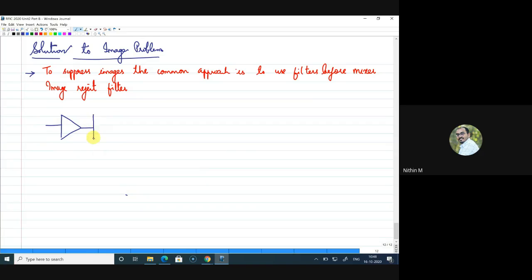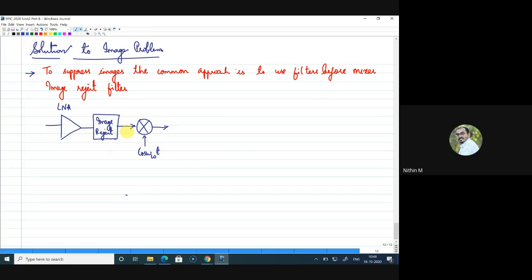So we include one more filter before our mixer. This is the LNA, this is the mixer, and this filter we call the image reject filter. After this we have the mixing operation.